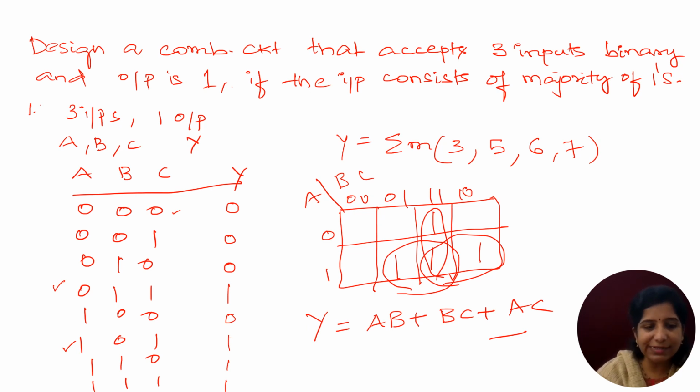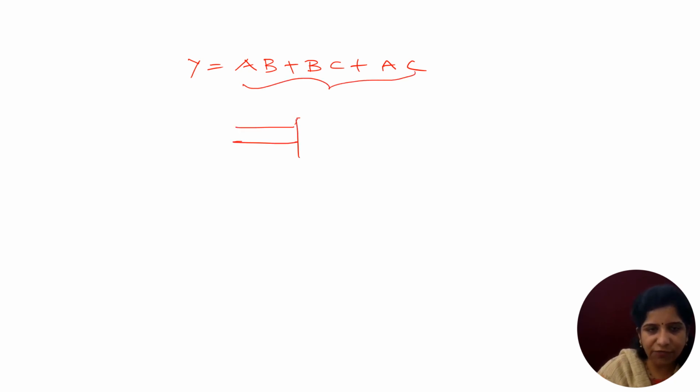Now, what is the final step in the design? Once the output expression is obtained, you have to draw the logical diagram. The output expression obtained here is Y equals AB plus BC plus AC. For this, how many AND gates are required? 3 AND gates. For the first AND gate, the input is AB. For the second AND gate, the input is BC.